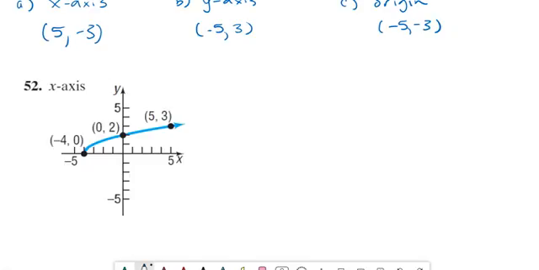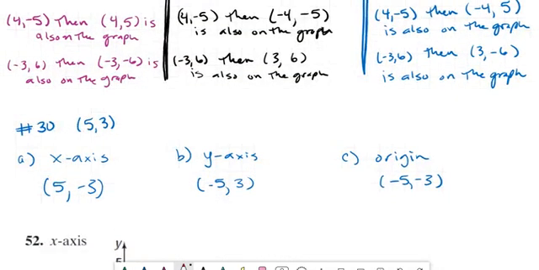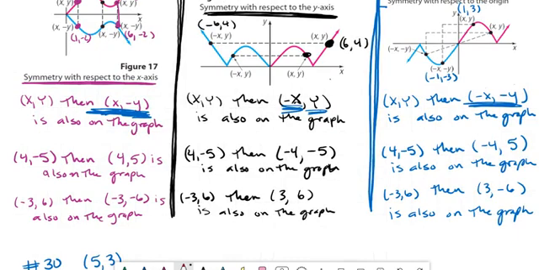All right, so x-axis symmetry. We know, based on our notes up here, if something has symmetry with respect to the x-axis, then x comma negative y is also going to be on the graph.